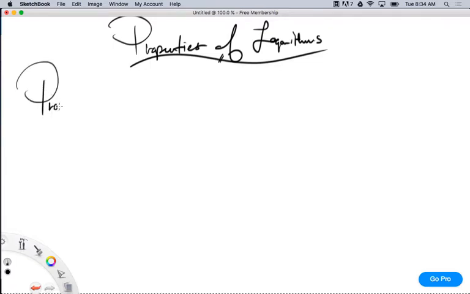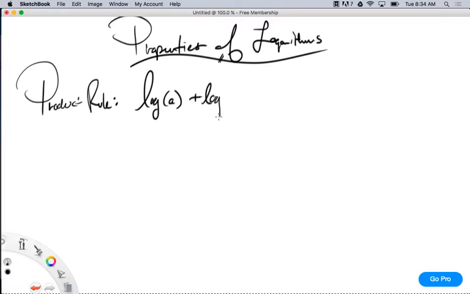First is the product rule. This is that the log of A plus the log of B equals the log of A times B.